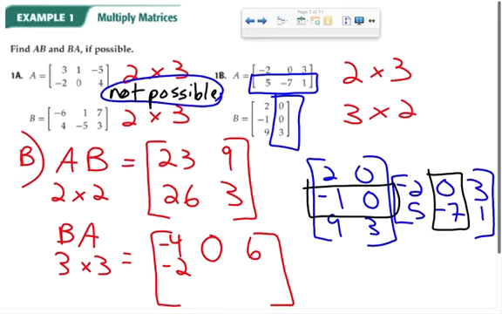Negative 1 times 0 is 0. 0 times negative 7 is 0. So I've got another 0 here. Next column. Negative 1 times 3 is negative 3. Plus 0 times 1, which is giving me negative 3 here.